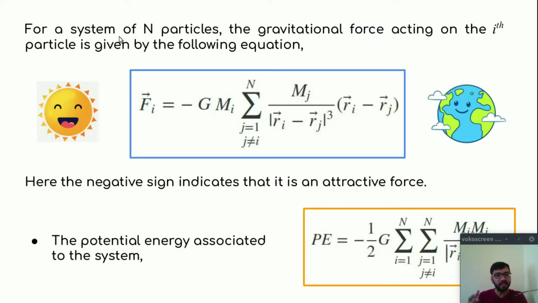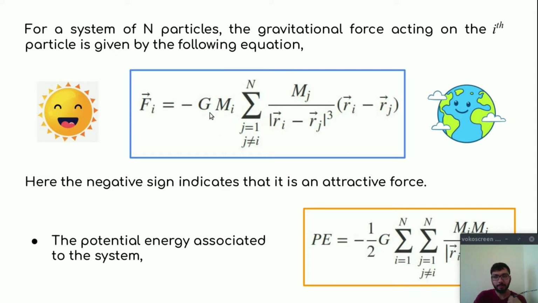So this is the theory for gravitational force, guys. For a system of n particles, the gravitational force acting on the ith particle is given by this equation. Here Fi is the force on the ith particle, Mi is the mass of the ith particle, and Ri is the distance from the origin.